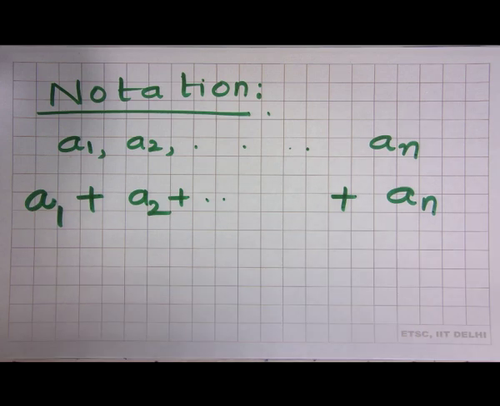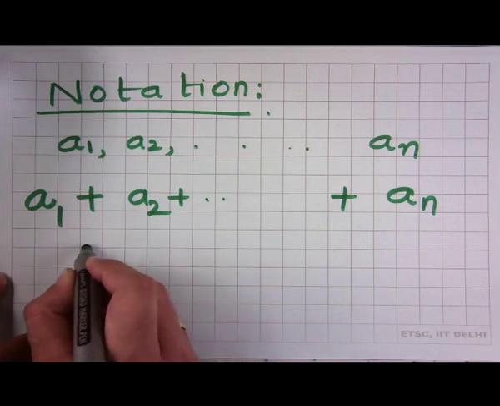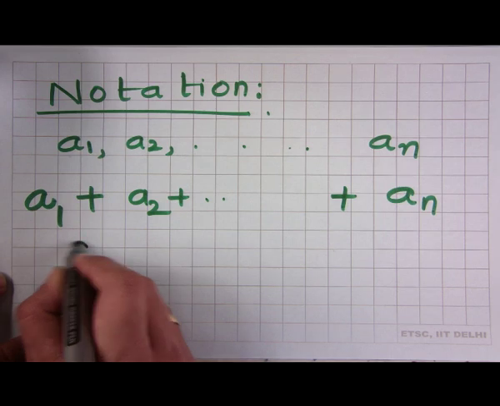This finite sum, which can always be found by normal addition and which always amounts to a finite value, can be represented in a compact fashion using sigma notation.